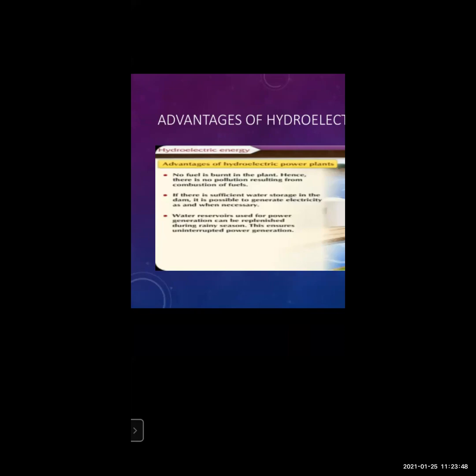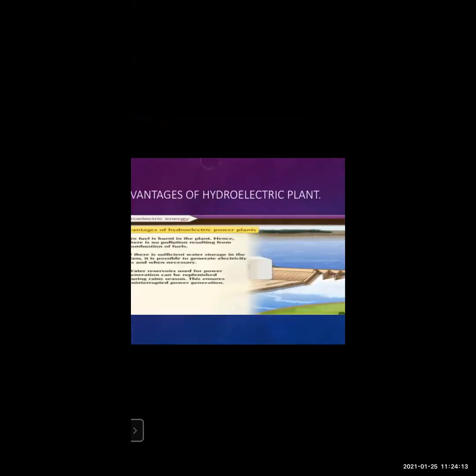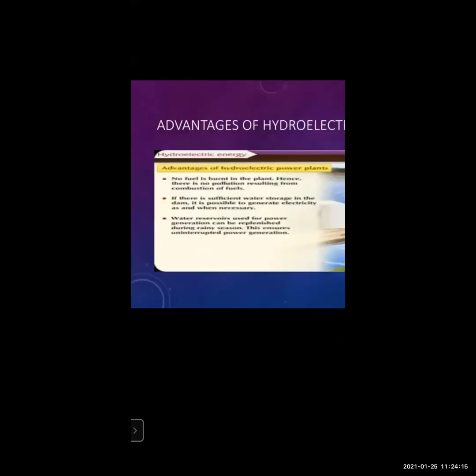Now, if there is sufficient water storage in the dam, it is possible to generate electricity as and when necessary. But it requires more water in the dam. So the dam must be full of water.